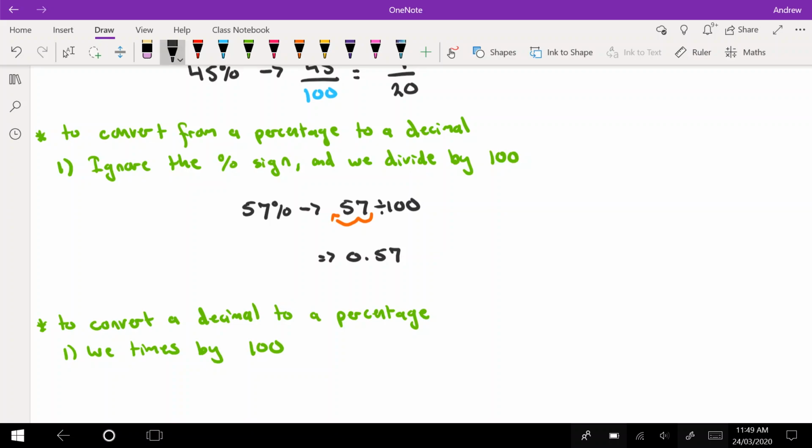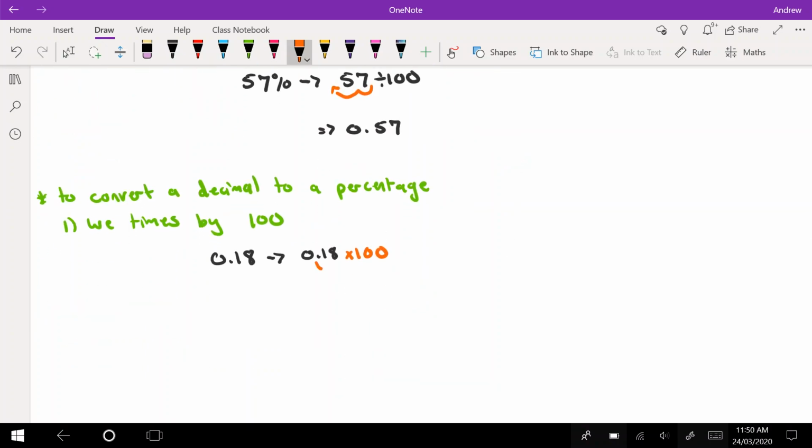So let's say I have 0.18. Well, that's just turned into 0.18 times 100, because that's how I'm going to get that to a percentage, moving that decimal point to the right 2 spots. So how much percent is that going to give me, Drishti? 18%, exactly.